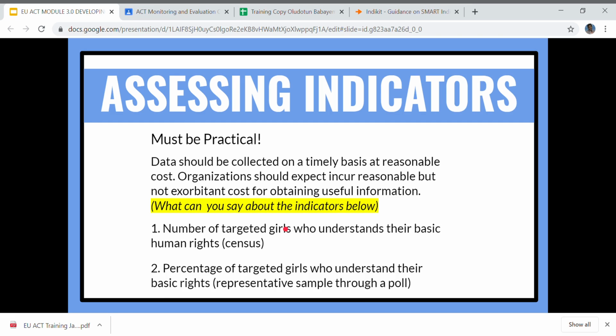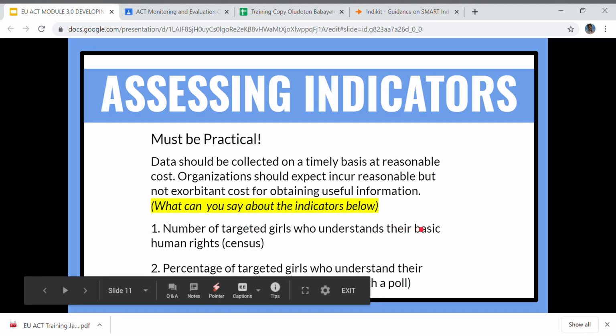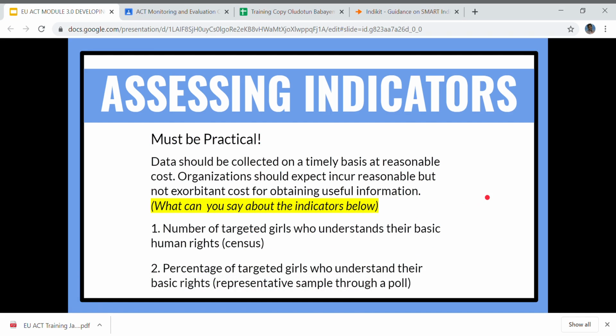For instance, look at these two. Number of targeted girls who understand their basic human rights. This is too bogus, right? It is too generic. That's why we use percentages, right? You can think of percentage of sexually exploited ladies, percentage of children with disability who now understand their basic rights, or exploited women who now understand their basic rights, percentage of government officials in your group that now understand the Procurement Act.